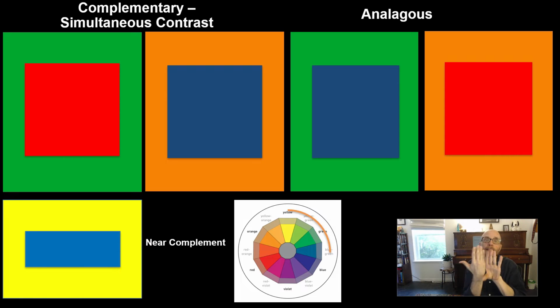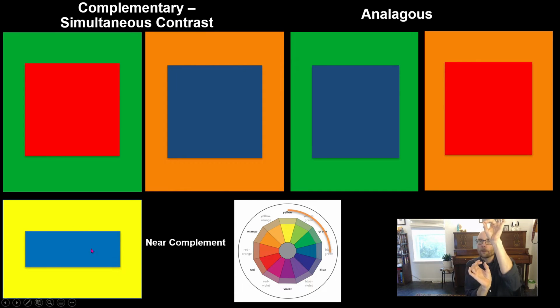And look what happens. That green literally looks like it's popping off that green background. It's the same way with the blue and the orange. That blue almost looks like it's just floating above that orange field. It's pretty cool, right? And it's because those wavelengths are vibrating next to each other. They're clashing with each other. And also if we look at near complements, so yellow and blue, for example, it's not as intense, but it's still pretty intense.